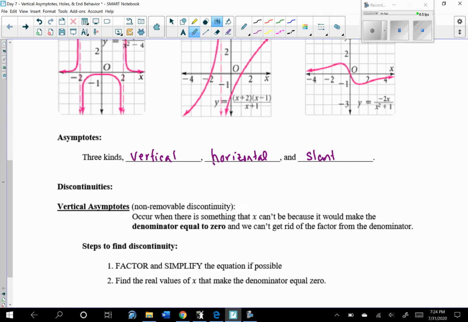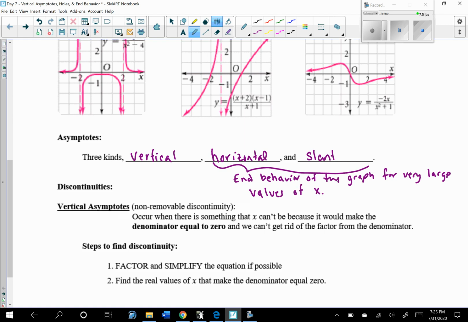The horizontal and slant asymptotes are actually what we call the end behavior of the graph for very large values of x.